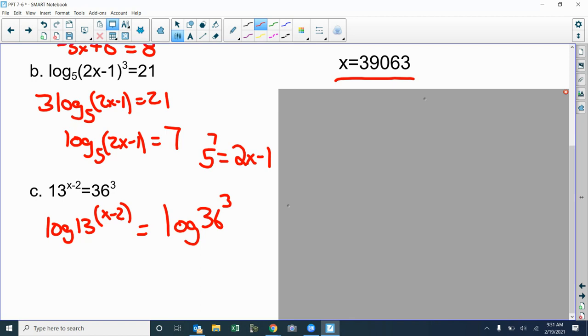Once I do that, I can bring the x minus 2 out front. I still have log 13. I can bring that 3 out front.